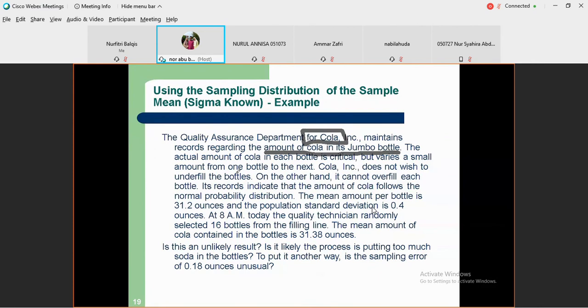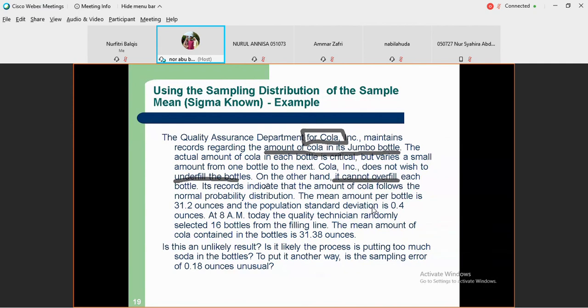The amount varies from one bottle to the next, but Cola Inc. does not wish to underfill the bottle. So they don't want it too little, but at the same time it cannot overfill. So not too much either.